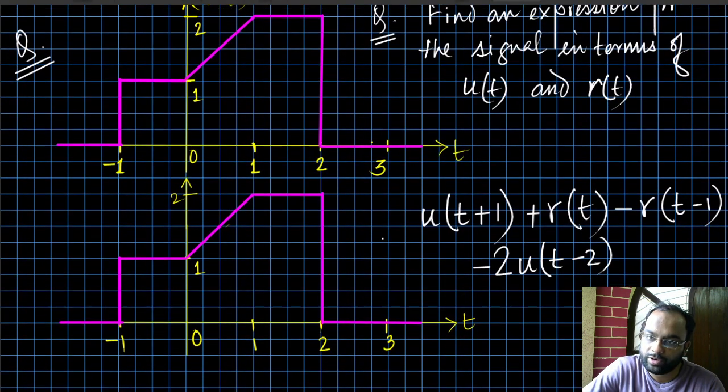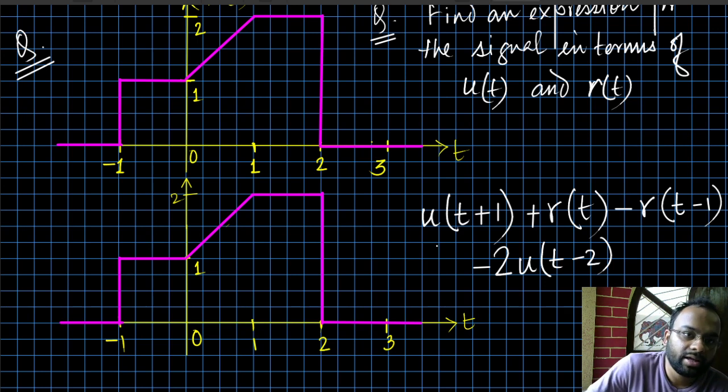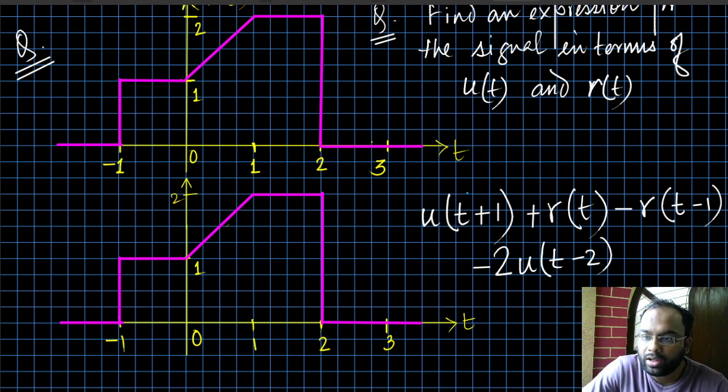So we have redrawn the entire thing, and while doing that, we told you what functions we had in it, right? So again, just to go back and recall what we did earlier, recall these critical signals here. So we have u(t+1), we have r(t), we have -r(t-1), and then we have -2u(t-2).